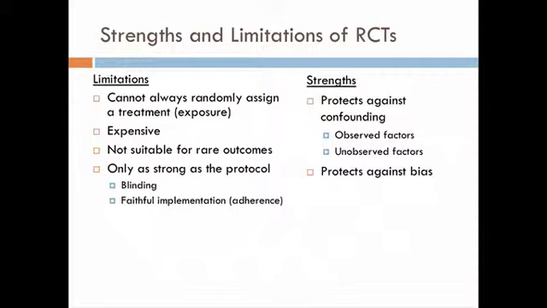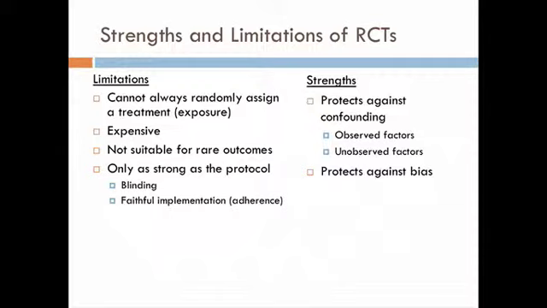And RCTs are only as good as their protocol, right? If people aren't blinded, if possible, if your data collection is introducing systematic errors, if people aren't adhering to your study, you're not going to find anything, or you're not going to be able to say anything useful about your intervention. So you want good, strong studies.